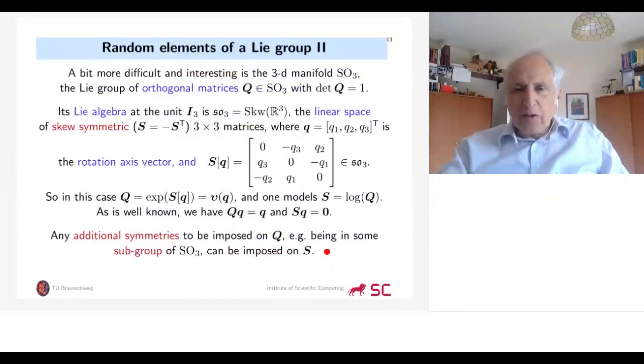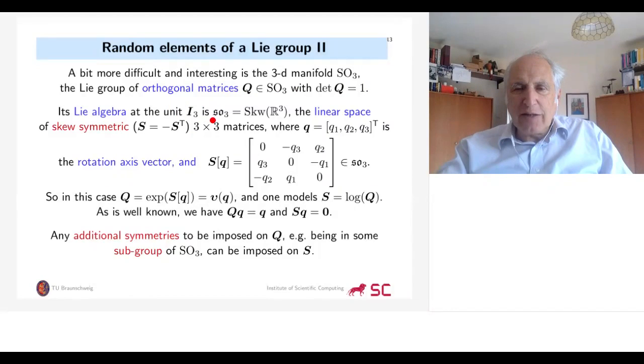Good. So now we look at something more complicated, a 3D manifold. We look at SO3. These are the special orthogonal matrices. So these are matrices which give an orientation in 3D, you could say. Orthogonal matrices with determinant 1. Now, this is a very classical thing. It's known what the Lie algebra is.